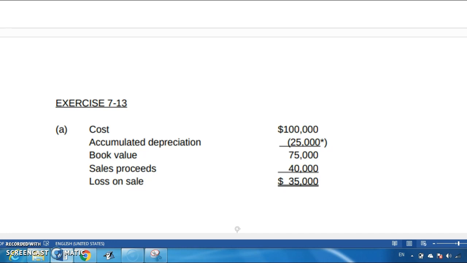Then the sales proceeds. If the hospital agrees to sell the scanner, the proceeds, that is the money that it will get from that sale, is going to be $40,000. So if you look at it here, we actually have a loss on sale. The hospital is going to lose $35,000. So it's a loss on sale. This is requirement A.